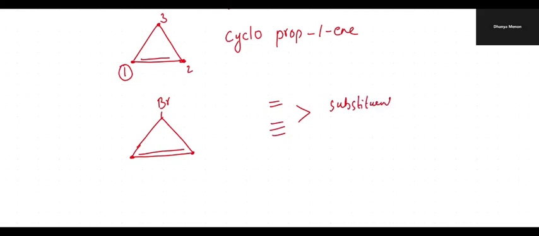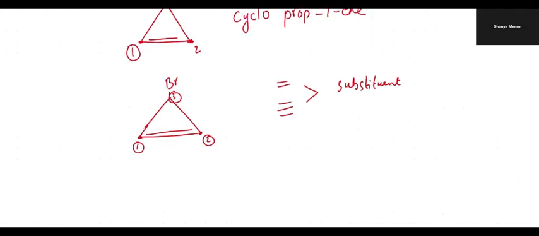So the numbering will start from here, 1, 2, 3. As far as possible, we give the first and second position to the double and triple bond.